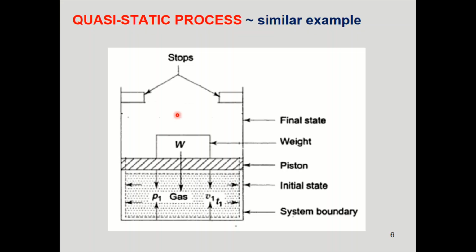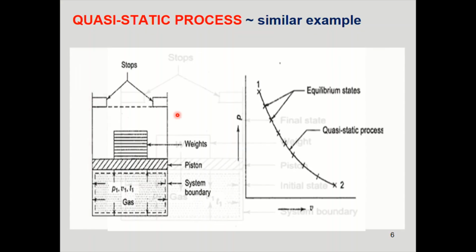I will withdraw the same load, W, but not at once. Rather, I will split it into very small amounts. Say W is 10 kg. I will withdraw first, say, 0.0001 gram, like this.